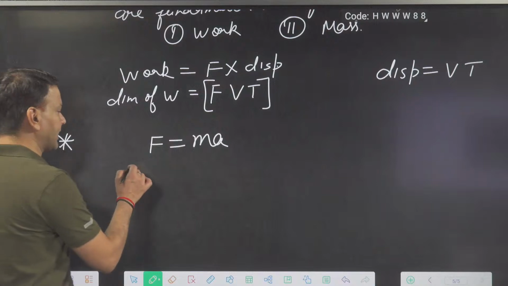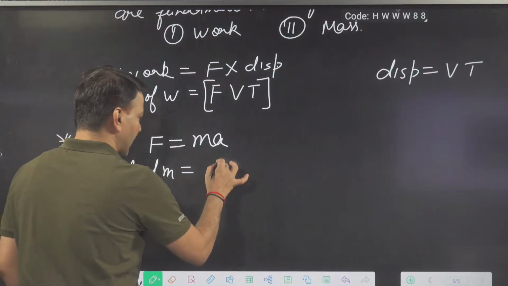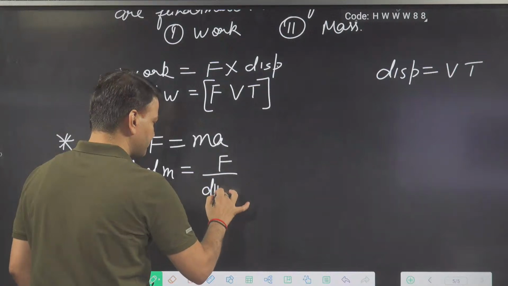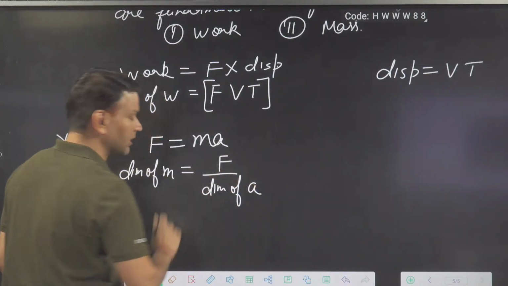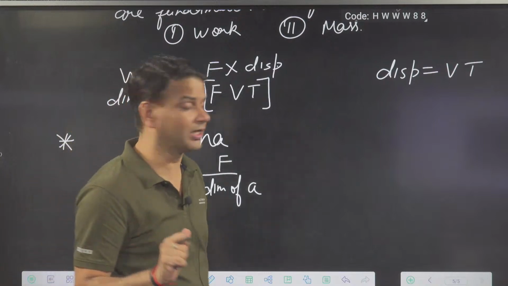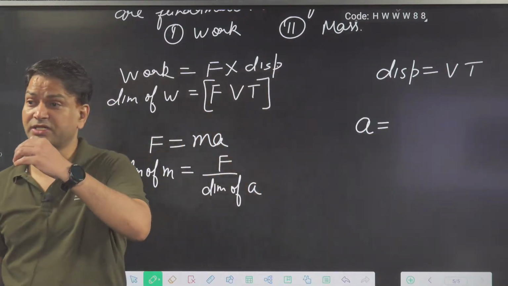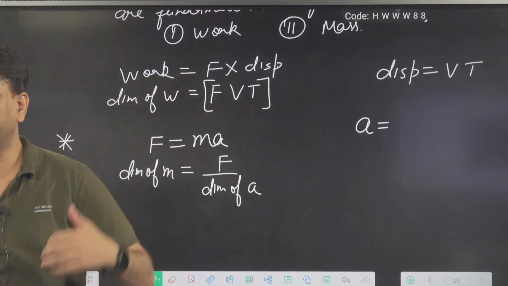Then dimension of M is equal to F upon the dimension of acceleration. Now acceleration I have to find because A is not fundamental. The definition of acceleration is change in velocity upon time.